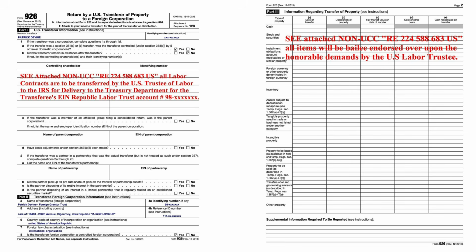We need to get the IRS involved and let them go and pick up our assets for us. Transfer them over to the IRS and the de jure Treasury in Philadelphia. See, the de jure Treasury did not move to Washington, D.C. The Office of Secretary of Treasury moved to Washington, D.C., but the Treasury itself stayed in Philadelphia.